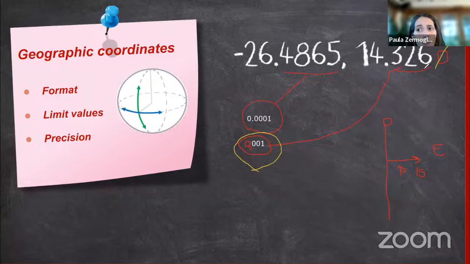So we have to be conservative, and I cannot make it up. Otherwise, I would be saying that the coordinate is more precise than we really know that it is. So we would have to keep, unfortunately, this precision.